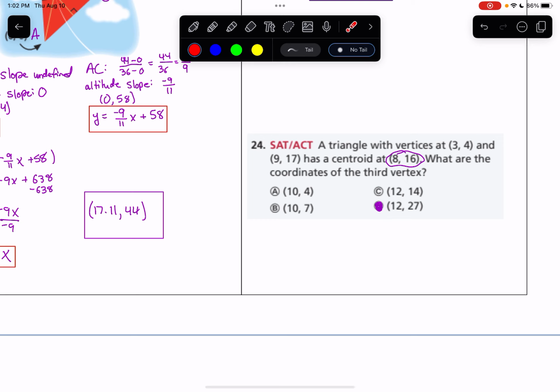These other three, if we use them as the vertex, the centroid would be outside of the triangle. We know a centroid has to be inside of the triangle. This is the only point that would make that centroid inside of the triangle with the vertices 3, 4, 9, 17, and 12, 27. And you'll notice that if you draw them on graph paper.